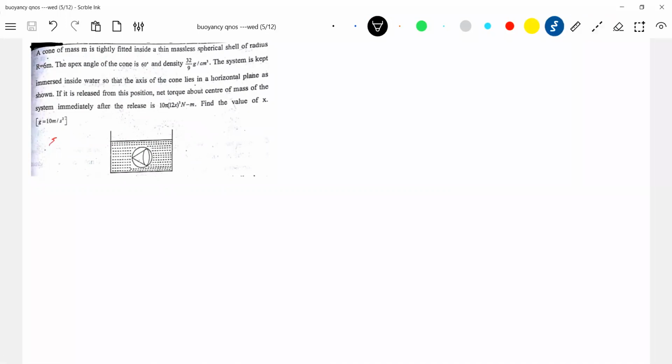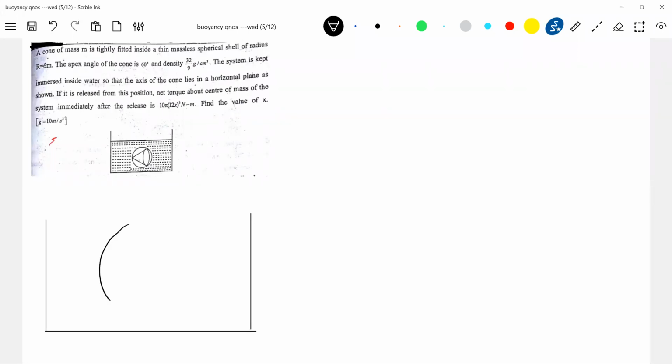Okay, let me start with the diagram. Meanwhile, you read the question and analyze it. So we have here a sphere, inside that there's a cone.